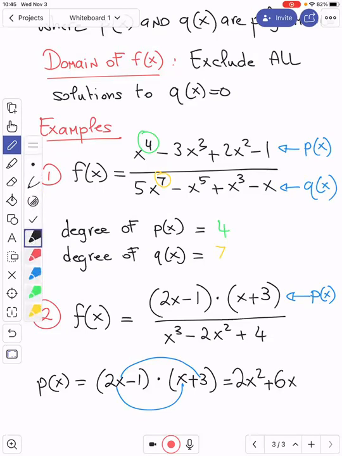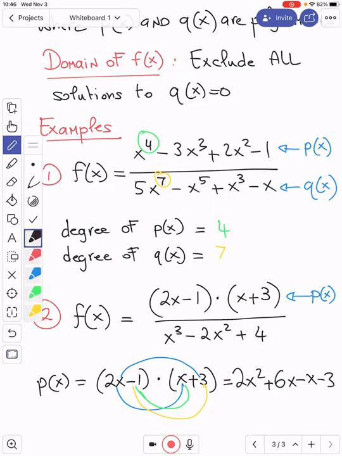And then don't forget to do the same thing with this negative 1 times x, so that's minus x, and finally you multiply the negative 1 by the positive 3, so that will be negative 3.